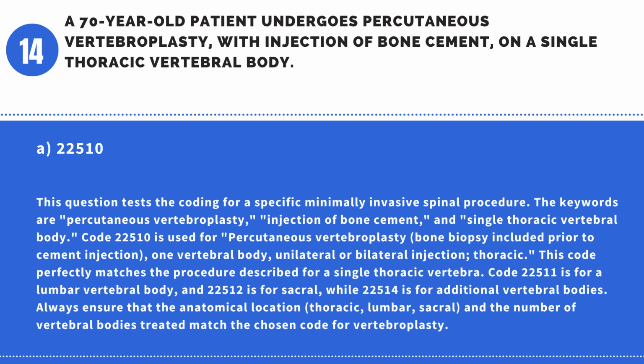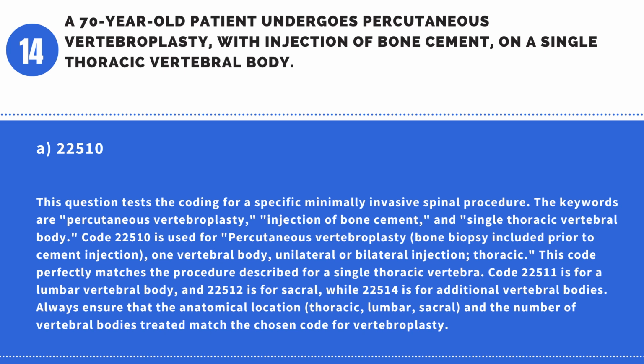22510. This question tests the coding for a specific minimally invasive spinal procedure. The keywords are percutaneous vertebroplasty, injection of bone cement, and single thoracic vertebral body. Code 22510 is used for percutaneous vertebroplasty, bone biopsy included prior to cement injection, one vertebral body, unilateral or bilateral injection, thoracic.